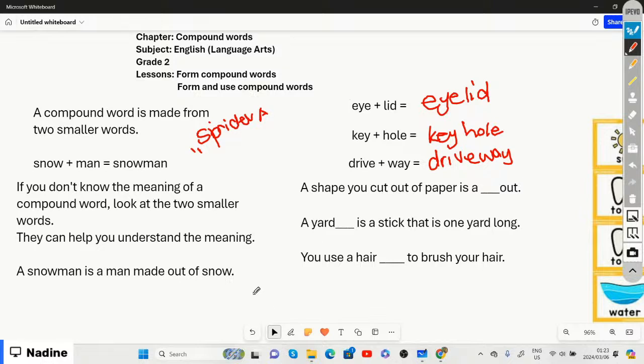All right. So you can use a hair to brush your hair. So you guys can look along for those type of answers, right?